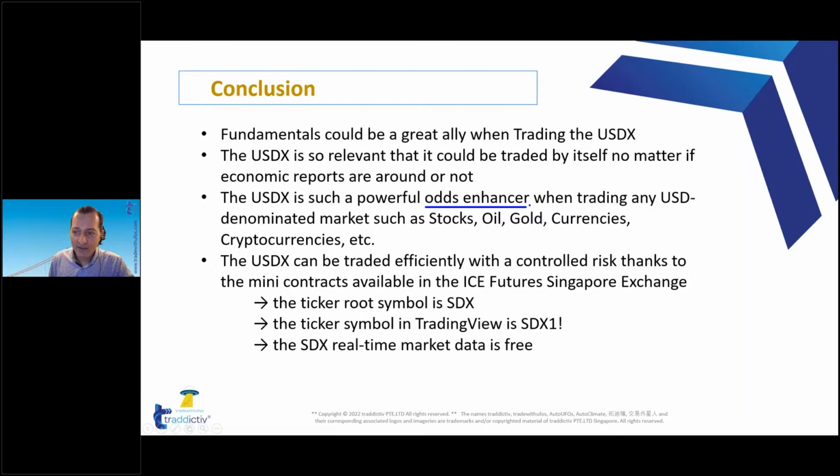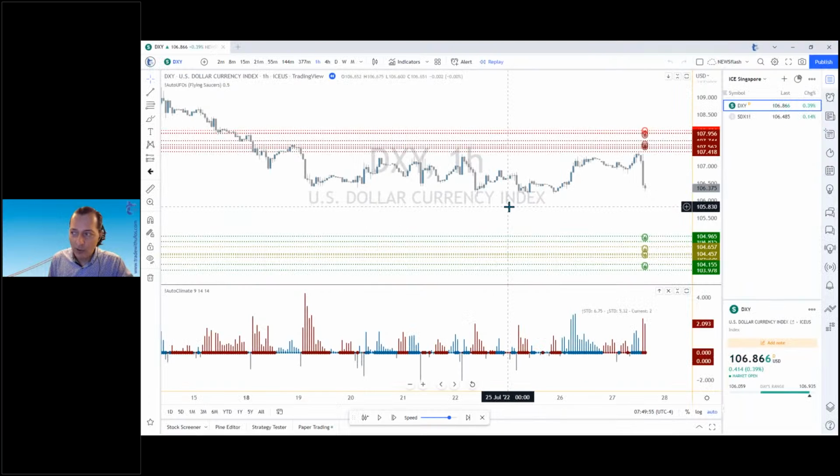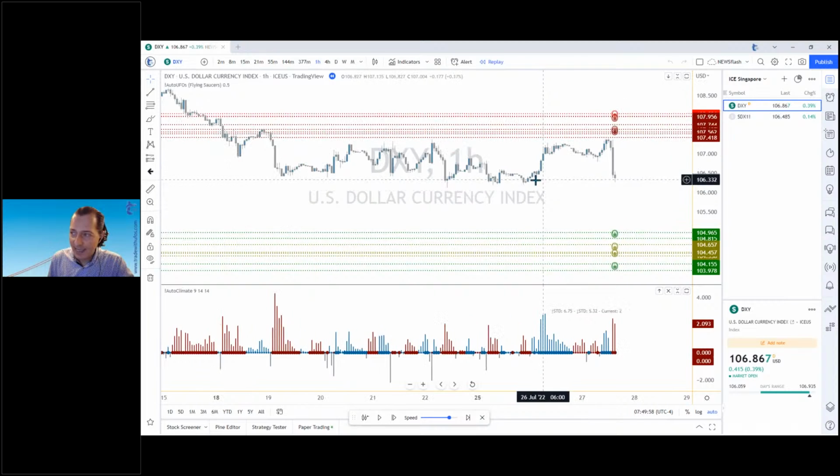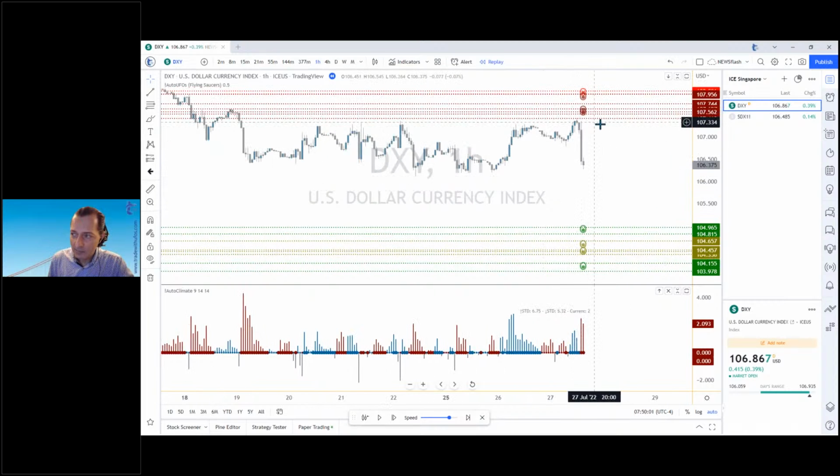Okay, so let's say, for example, that you want to trade any market. Maybe you want to trade Brent futures, right? And let's say at that moment in time, Brent futures, which is trading in US dollars, is getting into a green UFO. Okay, let's pretend, I'm looking at the time, we have limited time.